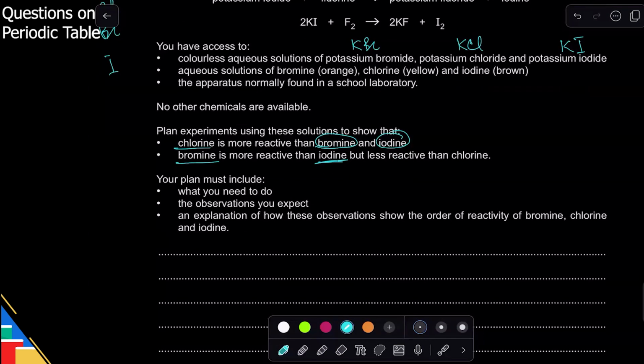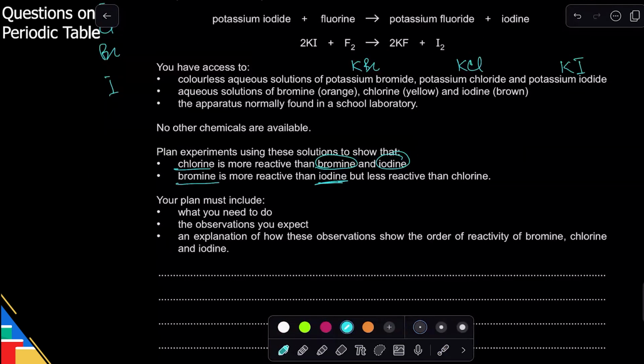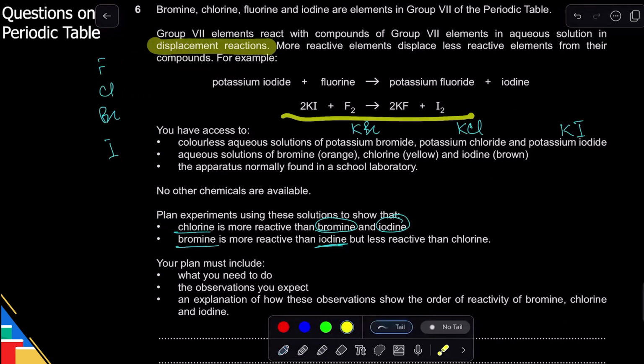So let's see between which ones we have to do it. We have to do the reaction in which we show that it is reactive. How do we show that it is more reactive? It displaces the other. So we want to show chlorine is more reactive than bromine. So we should have a situation where chlorine displaces bromine. Now for that you already have an example.